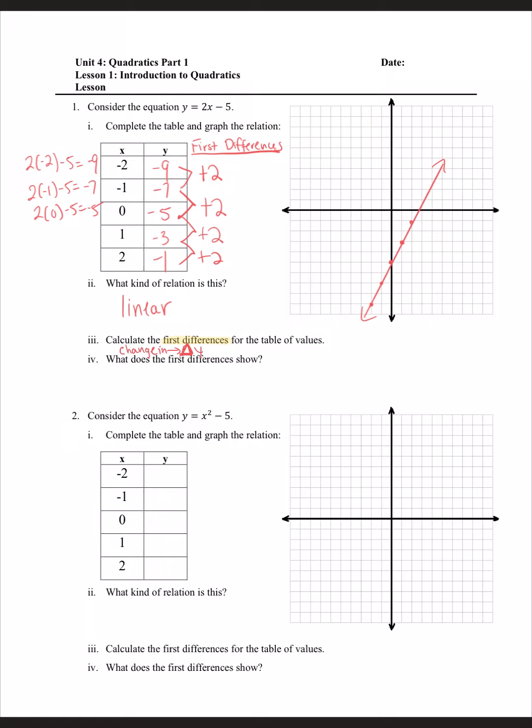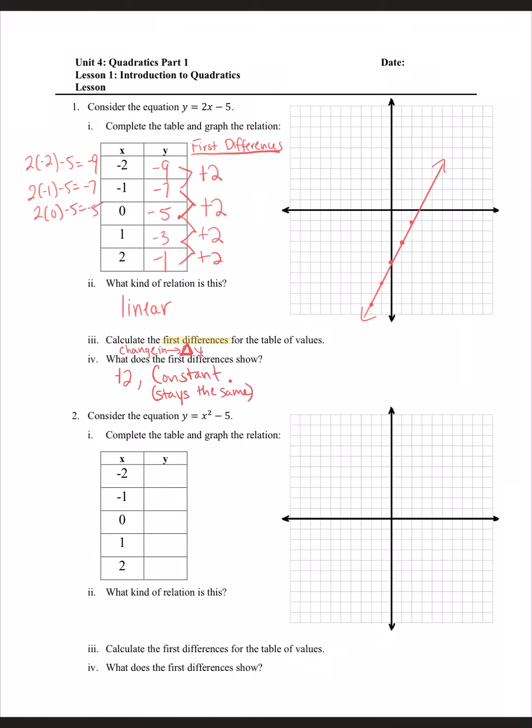So what does the first difference show us? We can see that our first difference is a positive 2, and it is constant, which means it stays the same. If it's constant, it's the same value, so it stays the same. If it's constant, then that means that we must have a linear relation.